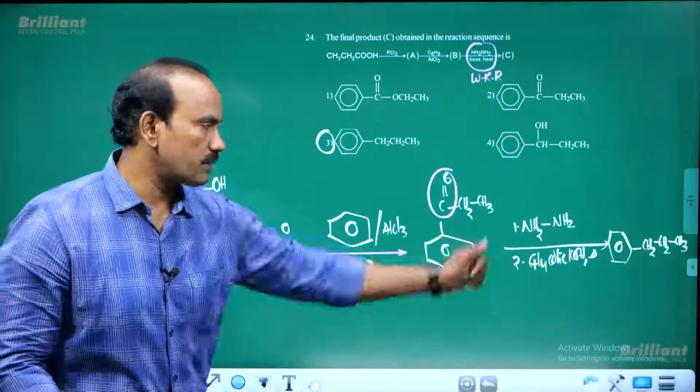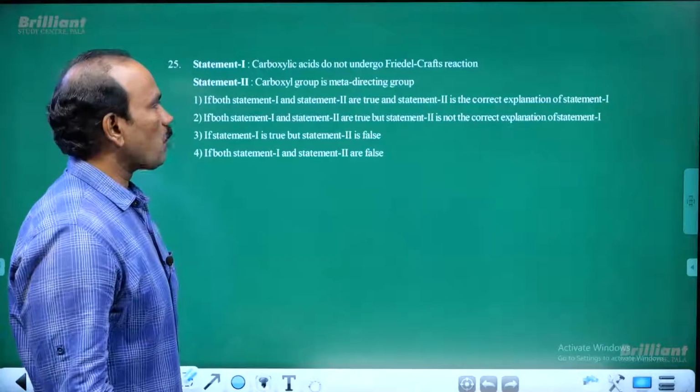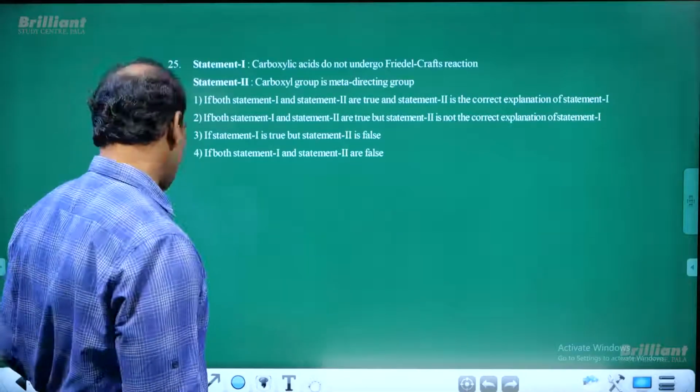Clear? Next, the statement: carboxylic acid does not undergo Friedel-Crafts reaction.